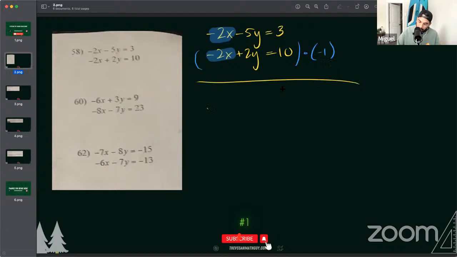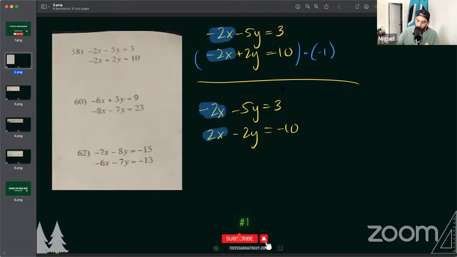First equation becomes -2x minus 5y is equal to 3. And the bottom, now we're going to multiply everything by -1. So what we're going to have is 2x minus 2y is equal to -10. That's elimination. Look at that. I'm going to highlight that again, -2x, and we have the 2x.